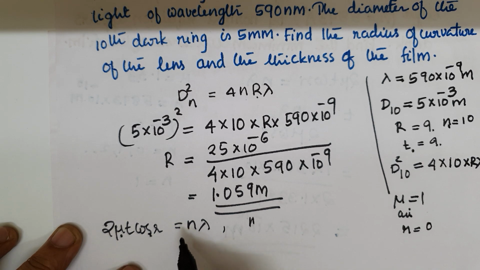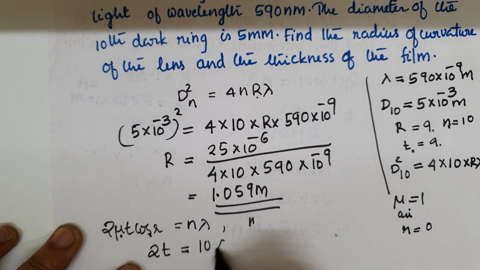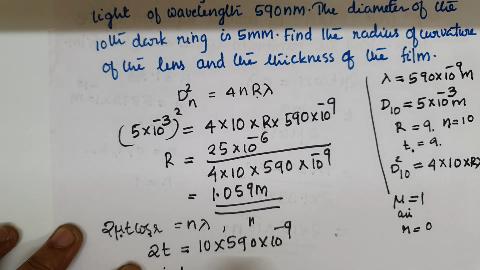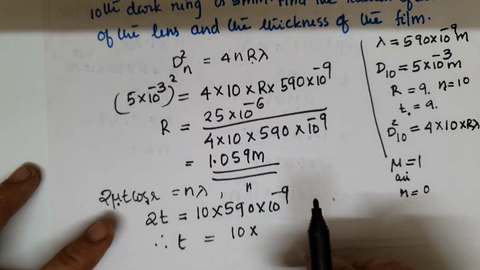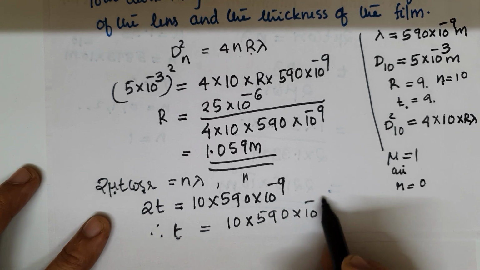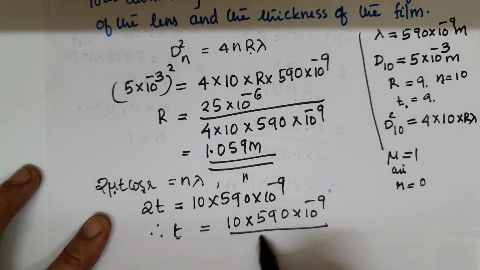Then this equation becomes 2t is equal to n lambda, where n is 10, and 10 into lambda is 590 into 10 raised to minus 9. Therefore t becomes 10 into 590 into 10 raised to minus 9, the whole by 2.